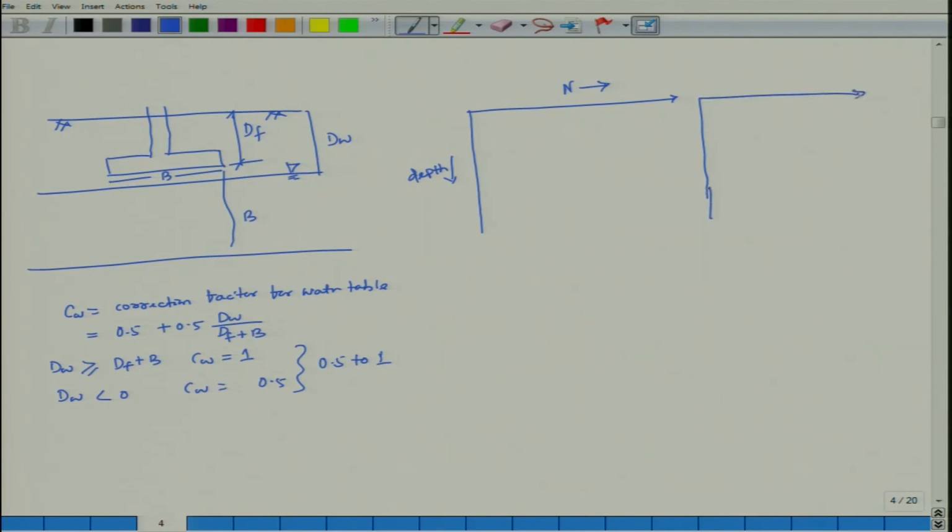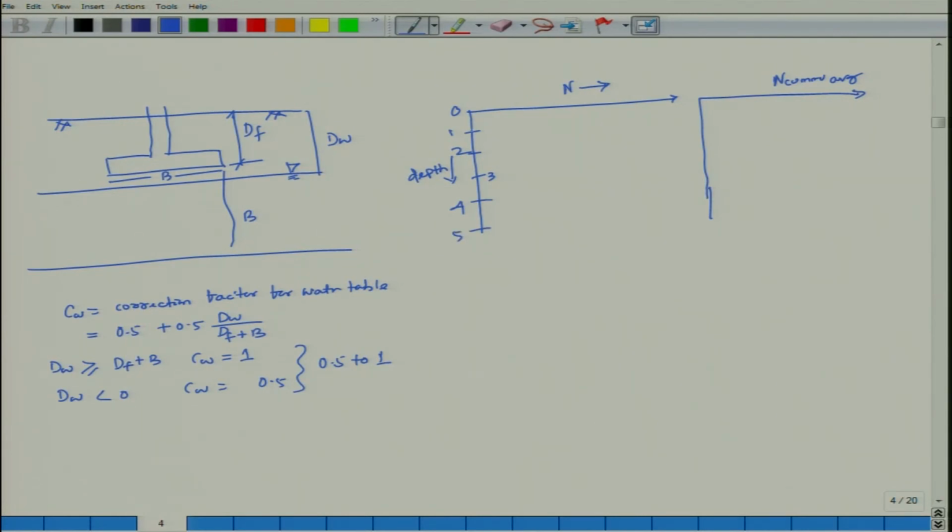Why we take cumulative average? One is your whatever you are getting N from your SPT after corrections, another is your N cumulative average. So, it is 0, 1, 2, 3, 4, 5.